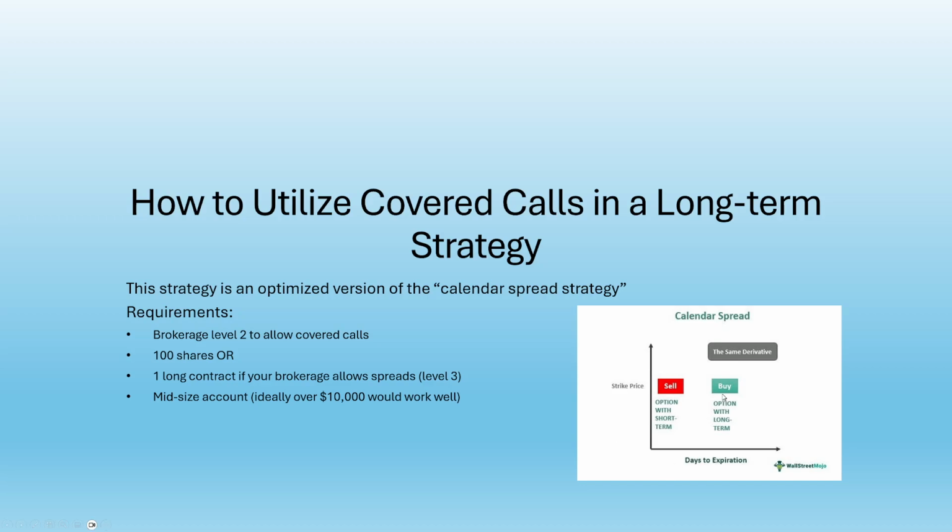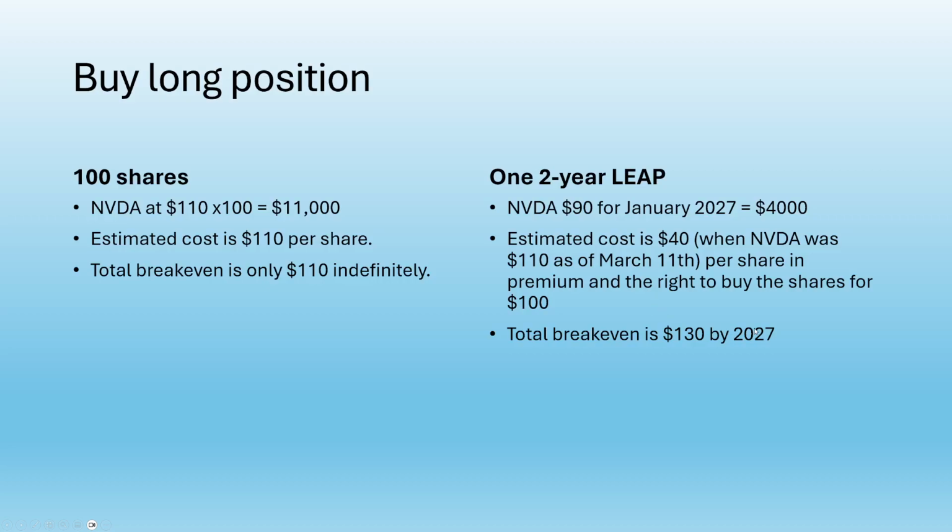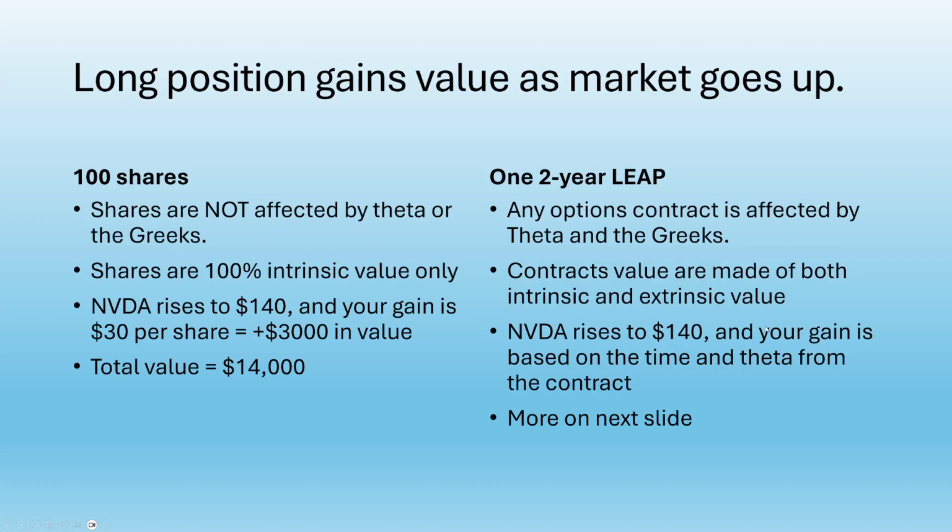That's a $40 spread that you're making by selling that covered call at a separate time. And then same thing with 100 shares. If you buy 100 shares at, let's say, 110, then you're making a synthetic covered call by selling a contract against those 100 shares.